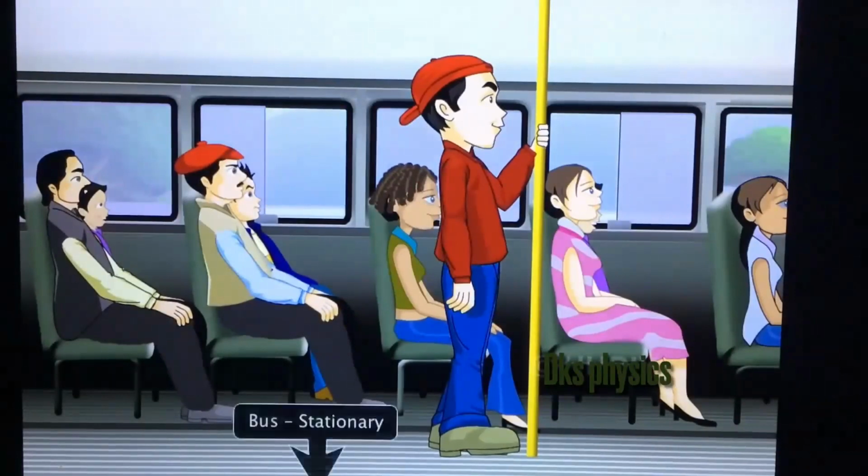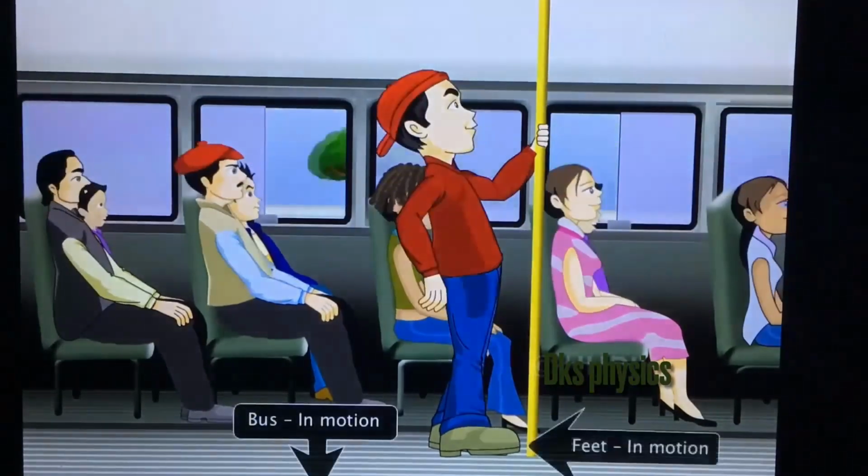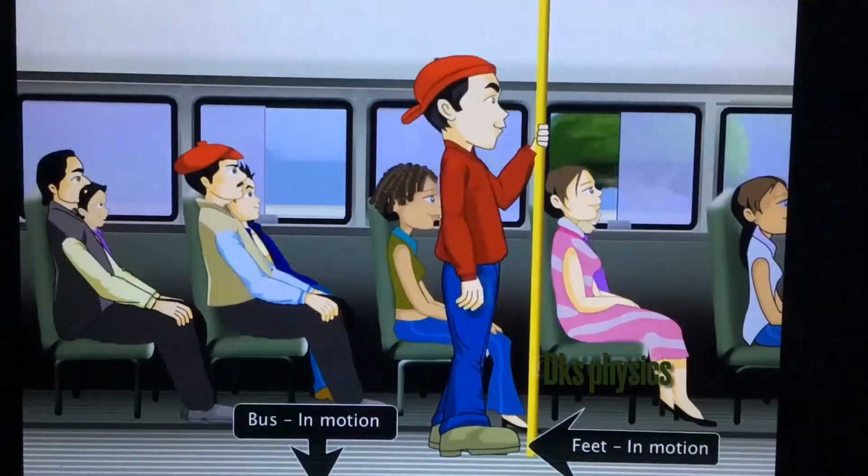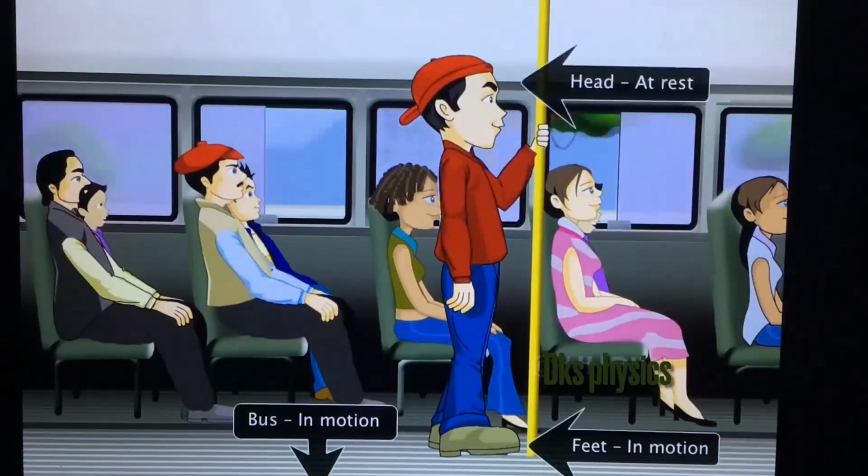When the bus was stationary, your body was at rest. When the bus started moving, your feet, which touched the floor of the bus, started moving simultaneously. But your head exhibited a type of inertia called inertia of rest.